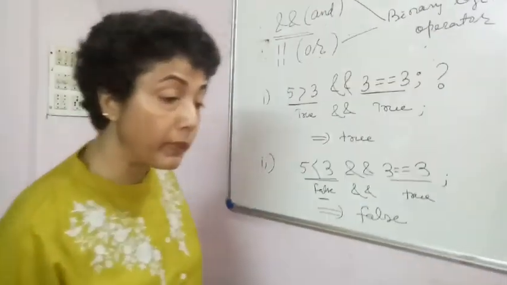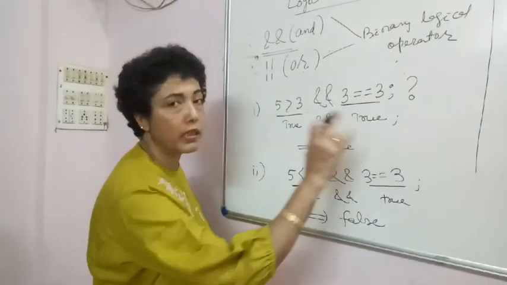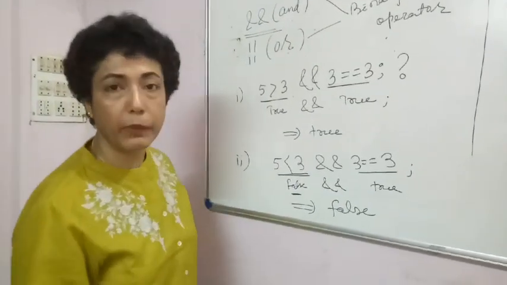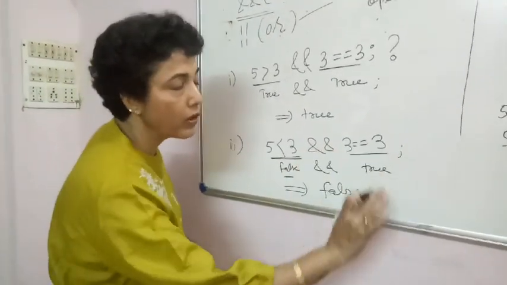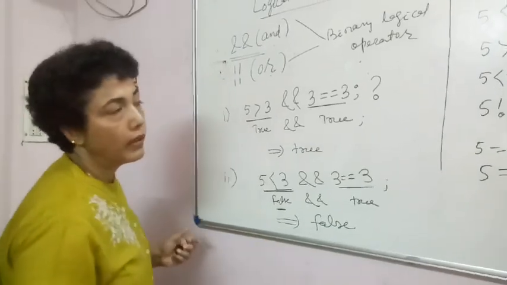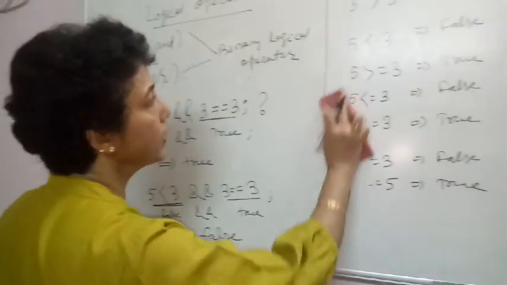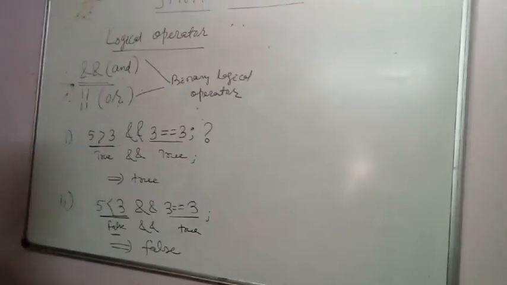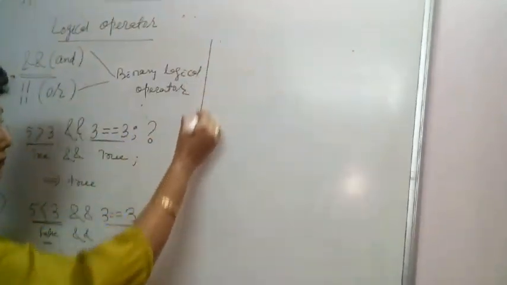So what we have to remember here? The AND operator gives true when both these expressions are true. If any one of the expressions gives the answer false, the overall answer is false. Am I clear? Okay. Now let us go for the second one, the OR logical operator.